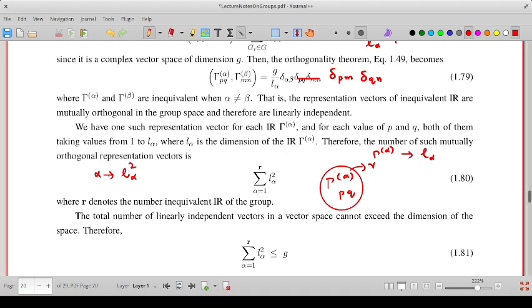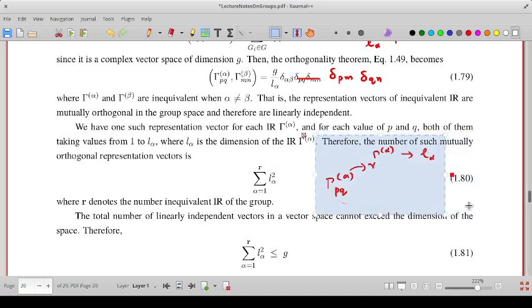So for a given irreducible representation, we have L alpha square vectors of this form. Now we have R such irreducible representations. So we just have to consider the sum of L alpha square for each of them. So the total number of representation vectors is the sum over alpha running from 1 to R of L alpha square.